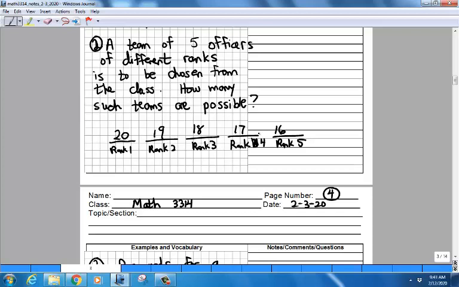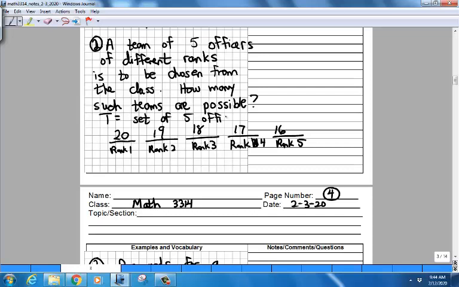Now, how many ways are there to execute that algorithm? Now we know, right? It's 20 times 19 times 18 times 17 times 16. That's what the theorem says: when you have a sequence of choices, the number of ways to make that sequence of choices is the product of the number of choices you have at each choice point.